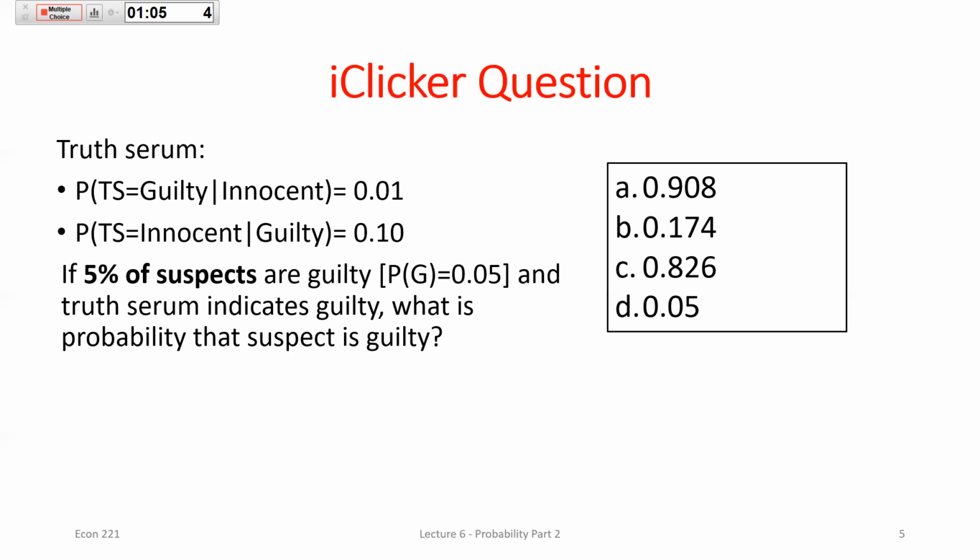Identify what our state of nature and our E is, write that out in the context of our example, and then plug in those probabilities that we were given. So I'll give you about three minutes to work on this. Talk to the people around you. Think about what I went through on the previous problem, and then we'll come together and talk about it.